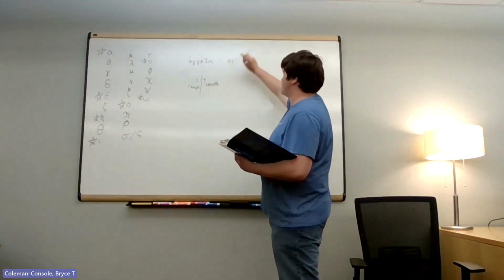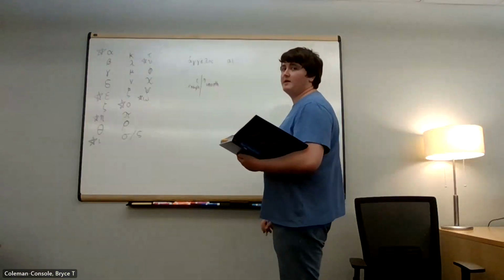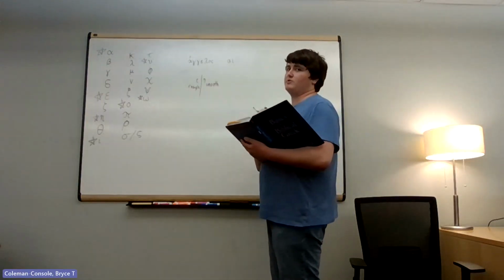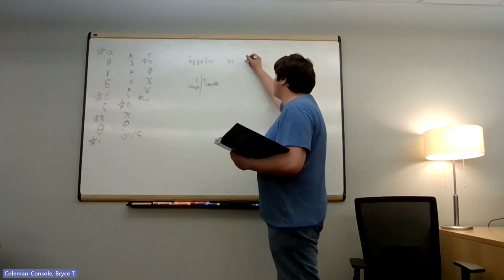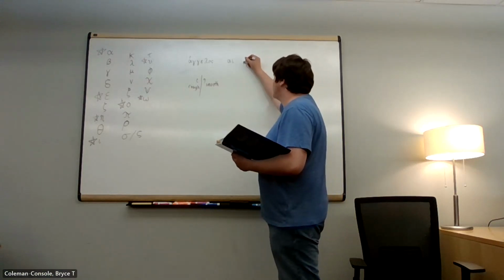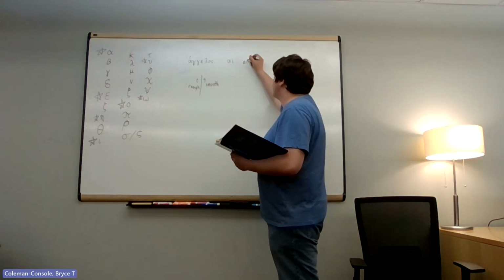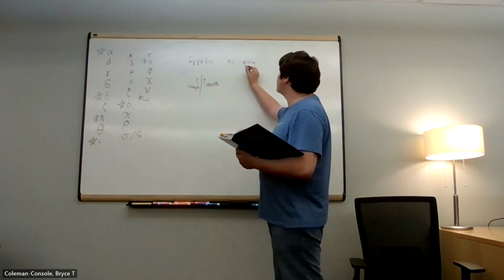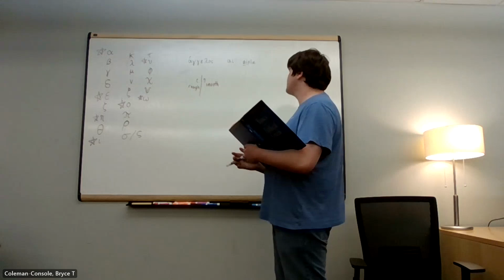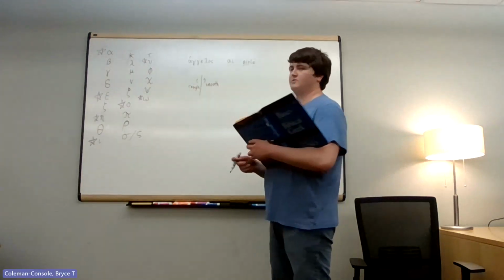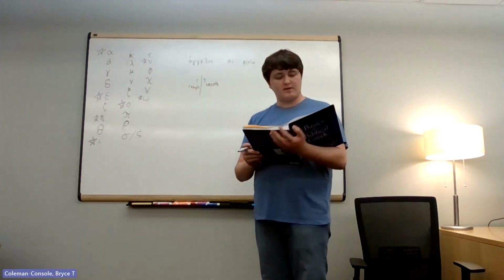Our first example is alpha and iota. When they are sitting next to each other, they make a different sound. So this will make I like an aisle, I like an eye. And I'm not going to continue writing the Greek because it slows things down.